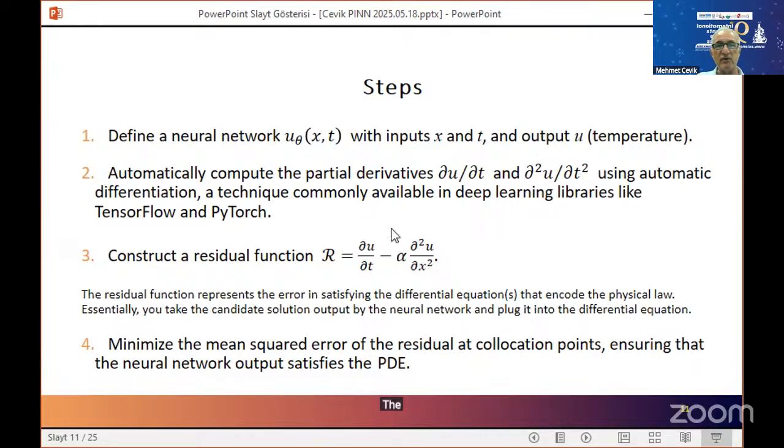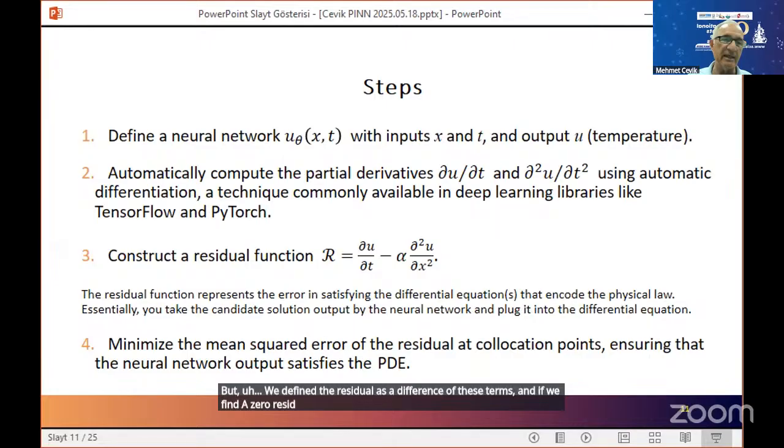The equation was ∂u/∂t equal to this term, but we define the residual as the difference of these terms. And if we find a zero residual, then it means the equation is satisfied. The residual function represents the error in satisfying the differential equation.